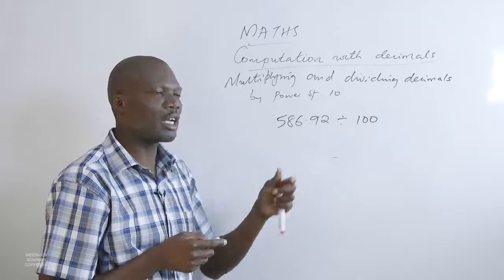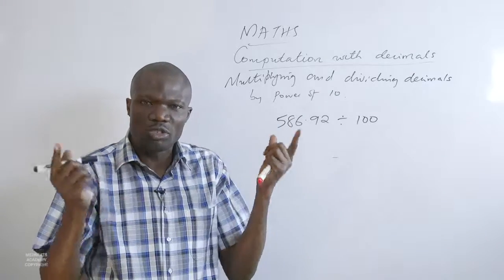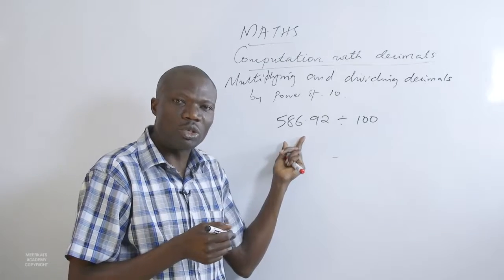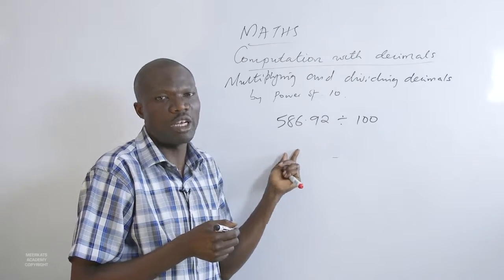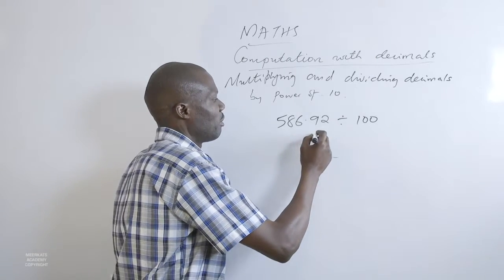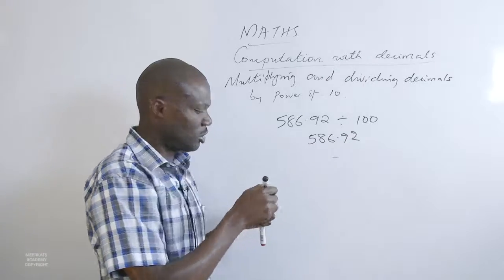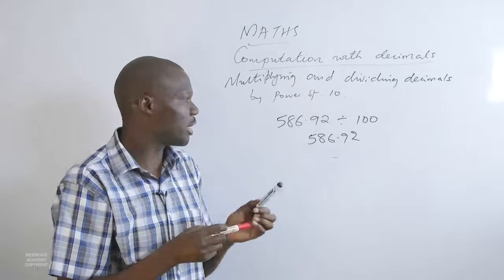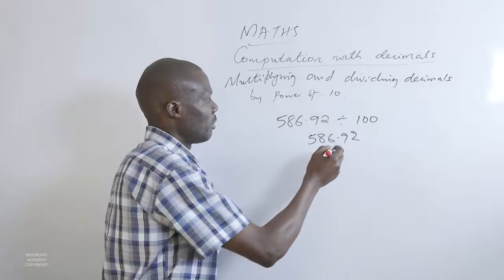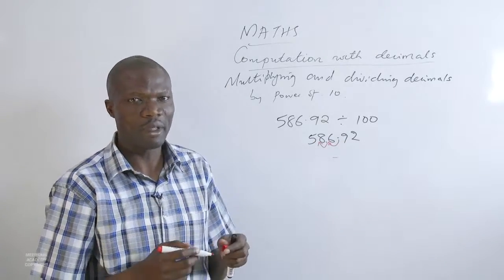586.92 divided by 100. 100 has 2 zeros, so the number of decimal places you will move to the left is 2. So this one will be 586.92. Then we move the decimal place 1, 2, because we are dividing by 100.